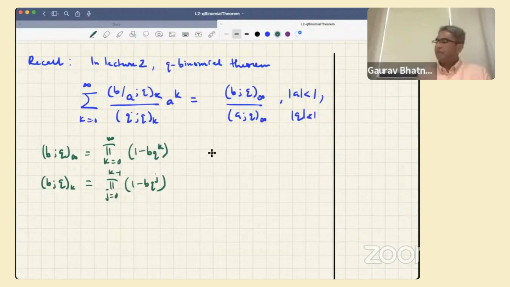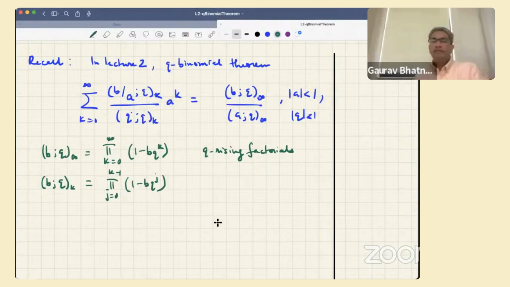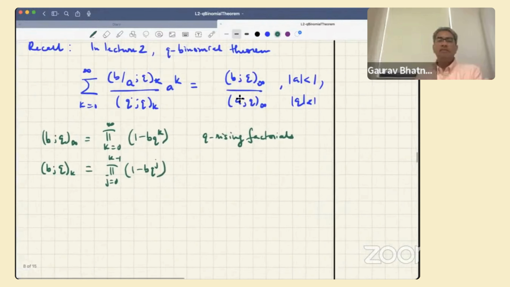So these are q rising factorials. These are all the terms over here, and this series can be summed. That's the point.